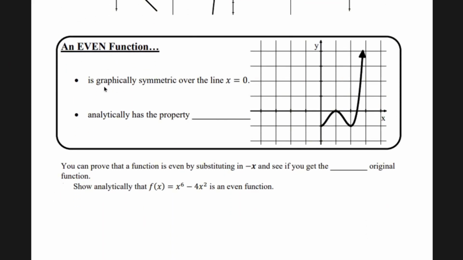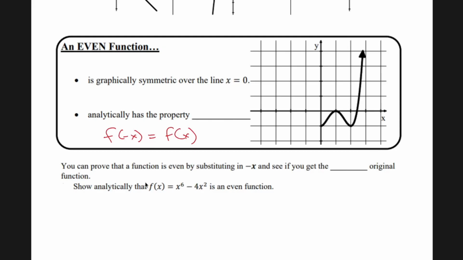So an even function is graphically symmetric over the line x equals 0. Again, that means the y-axis. Analytically, it has this property right here, that if you were to do f of negative x, you will also get f of x. Now that looks strange. What does that mean?